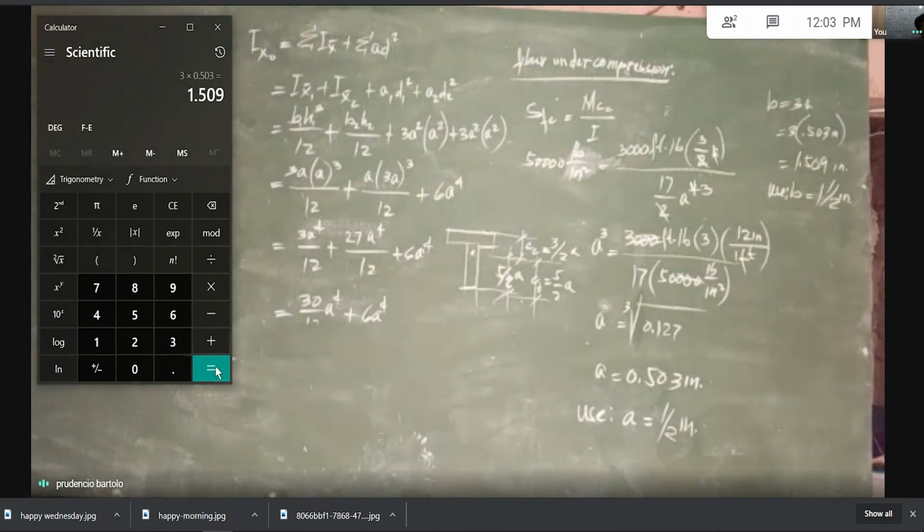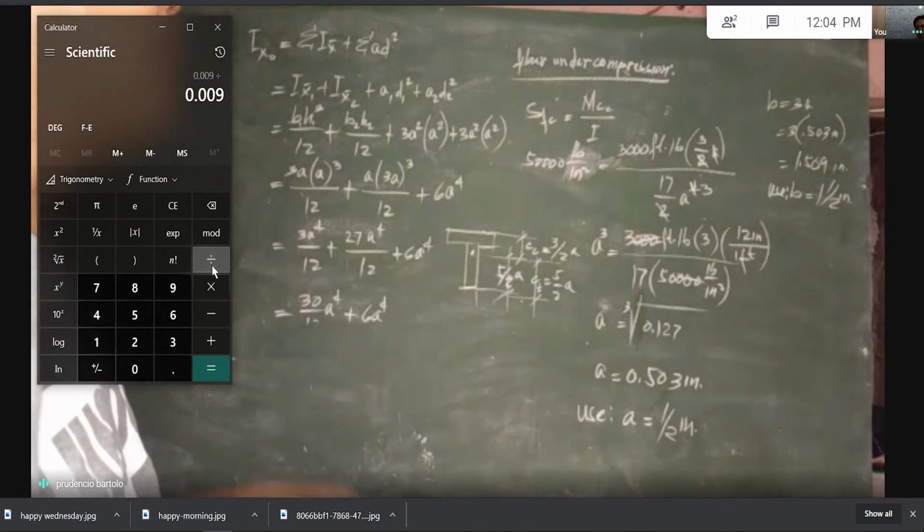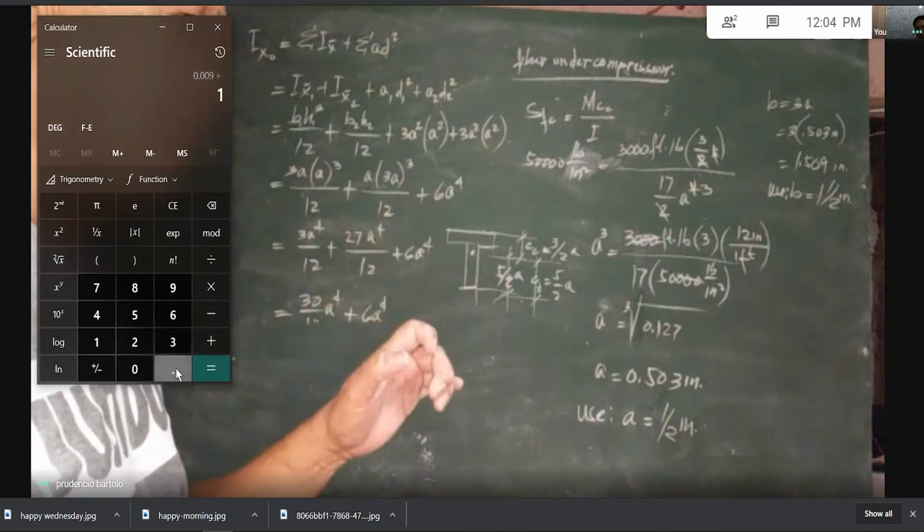Lower value is 1.5. So 1.509 minus 1.5 will give us 0.009, or we multiply it by 100, that is 0.9.